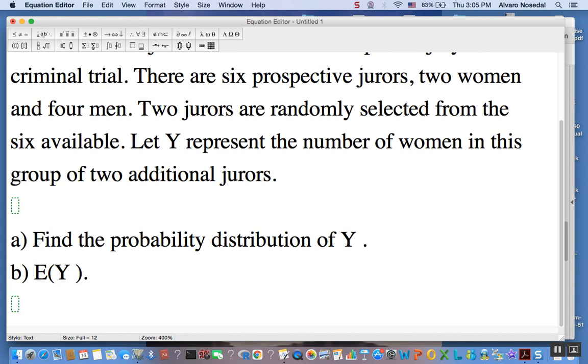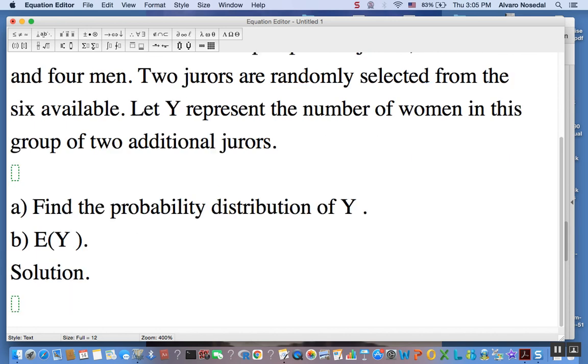So let's try and solve this problem. We are going to proceed in a similar manner to what we have been doing in the past with other probability distributions. First, we're going to describe the random experiment. Then we are going to obtain the sample space.